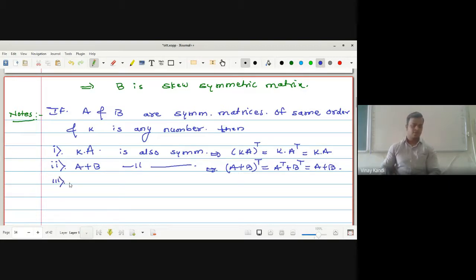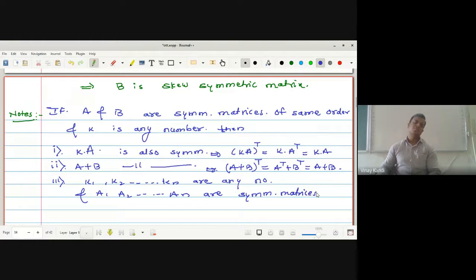Third one: if K1, K2 up to Kn are any numbers, and A1, A2 up to An are symmetric matrices, it implies K1 A1 plus K2 A2 plus up to Kn An is also symmetric.